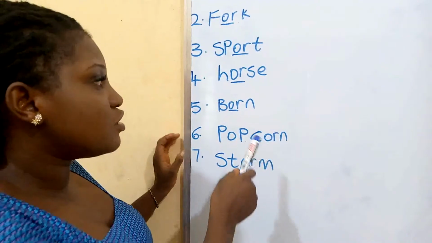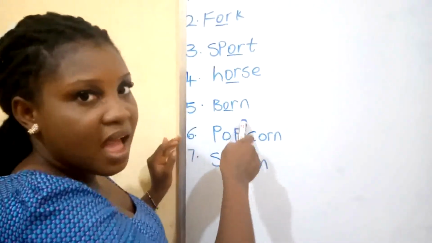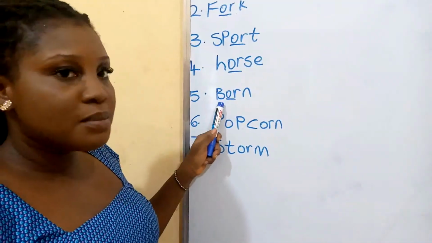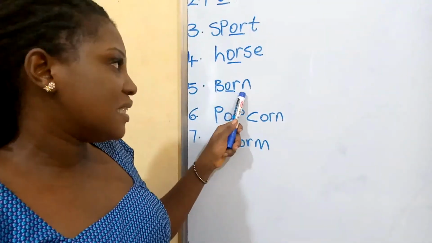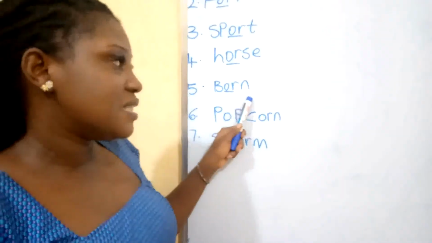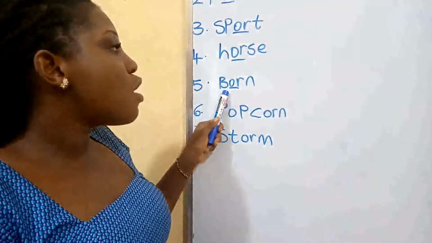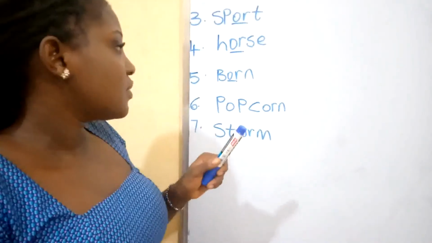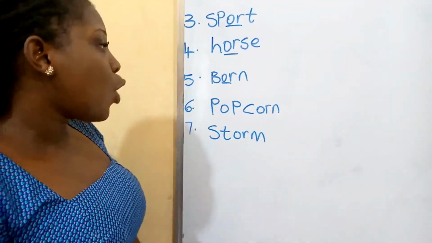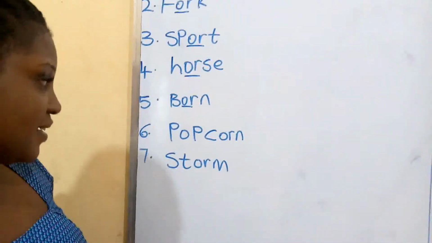R. So we have B, R, give us what? Burn. Lovely.